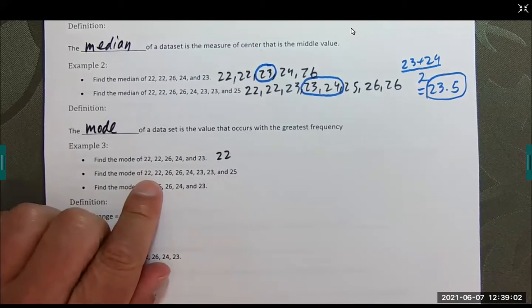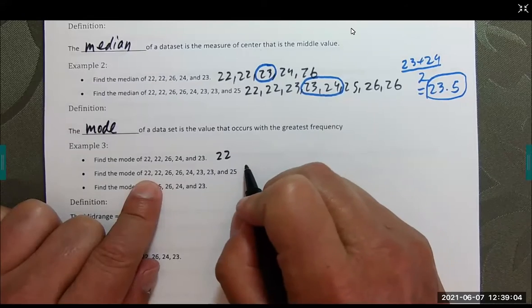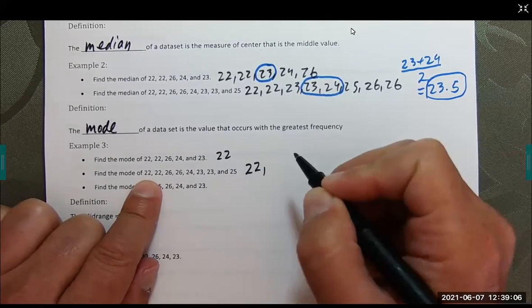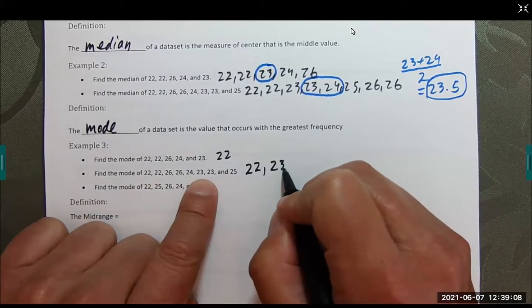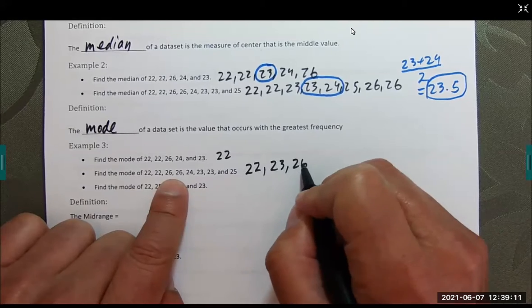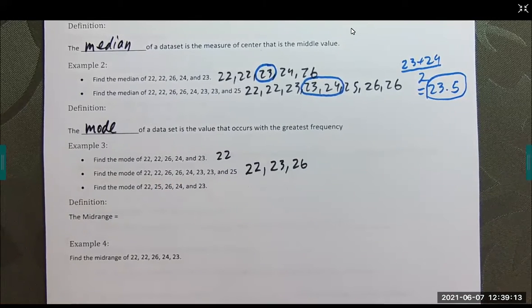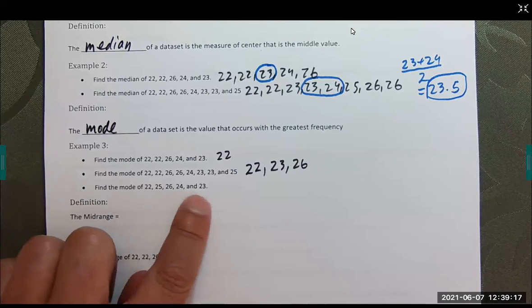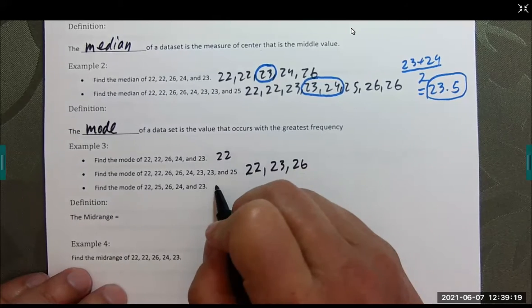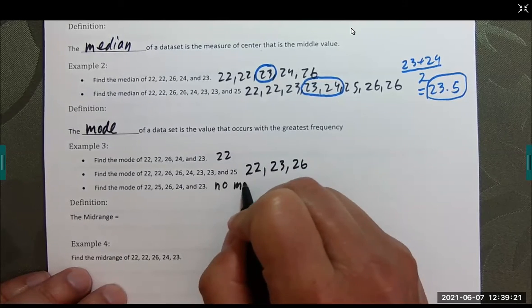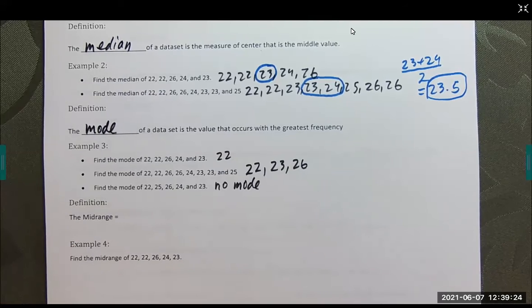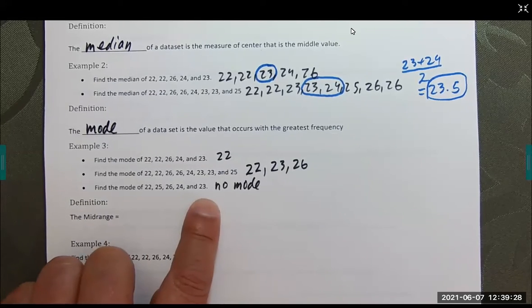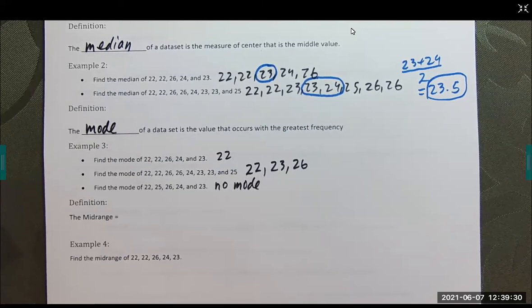For the next set, we have a couple of modes: 22, 23, and 26. So we have 3 modes, which we would call trimodal. If there are 2, that would be bimodal. And when there's no repeat, we just say that there's no mode. Sometimes you might say that all of these are the mode because they all have the same frequency, but usually we just say that there's no mode.